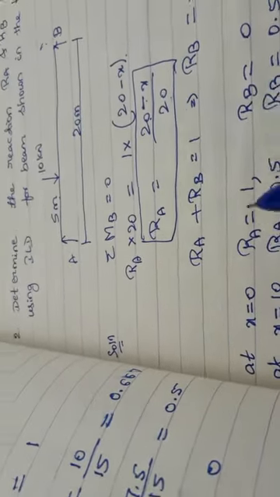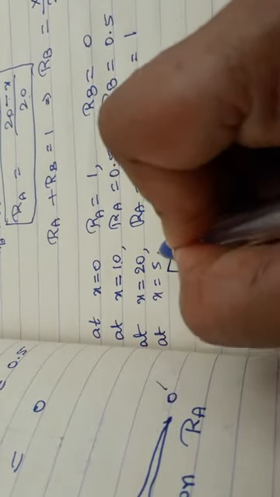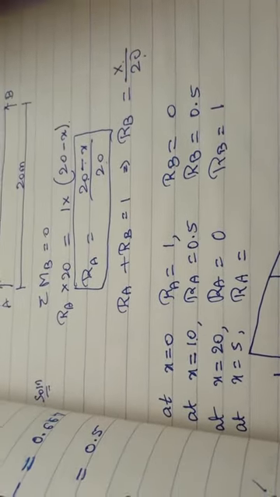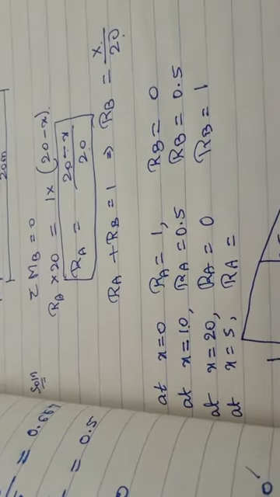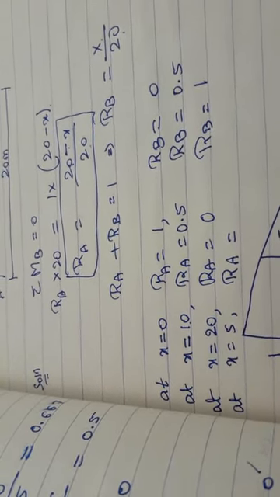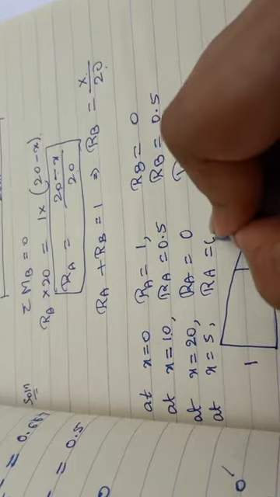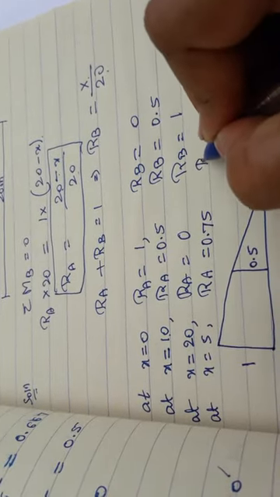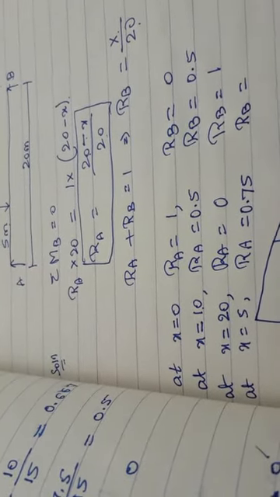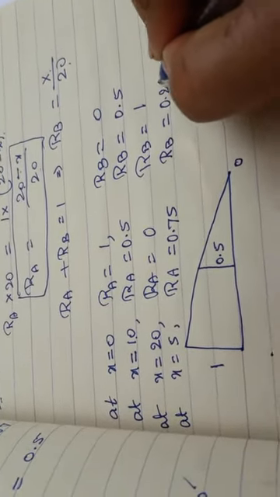And we have one more point at X is equal to 5 meter. Let us calculate for that. At X is equal to 5 meter, RA is equal to 20 minus 5 divided by 20, that is 15 by 20. So, we get 15 by 20 as 0.75. So, here RA is equal to 0.75 and RB is equal to 5 by 20, which is 0.25.